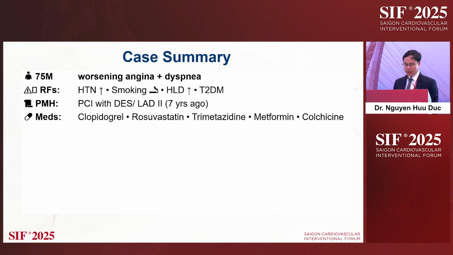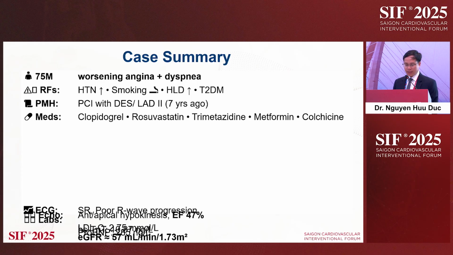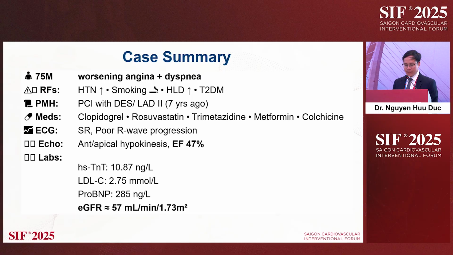He had PCI with DES 7 years ago at the mid-low LAD and medical treatment. On ECG, poor R wave progression, and on echo EF about 47% with anterior and apical hypokinesis.